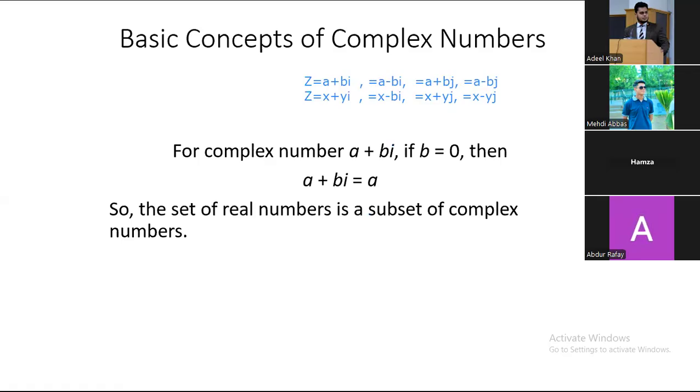For basic complex numbers, if B equals 0, then the expression A plus B iota equals A. So the set of real numbers is a subset of the complex numbers as well.